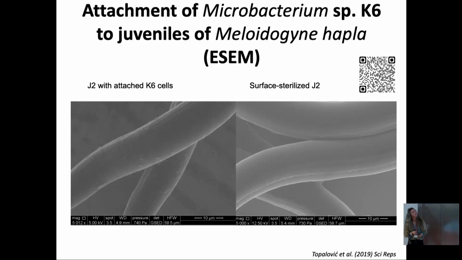And this slide is a scanning electron micrograph of surface sterilized nematodes, so there are no microbes on their surface. And this is when Microbacterium strain K6 was attached to the nematodes.